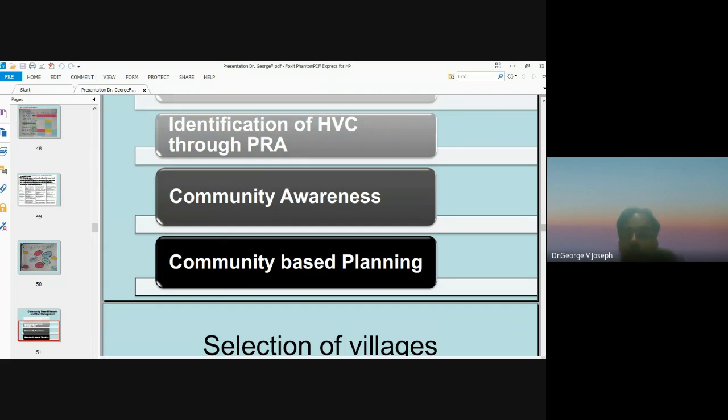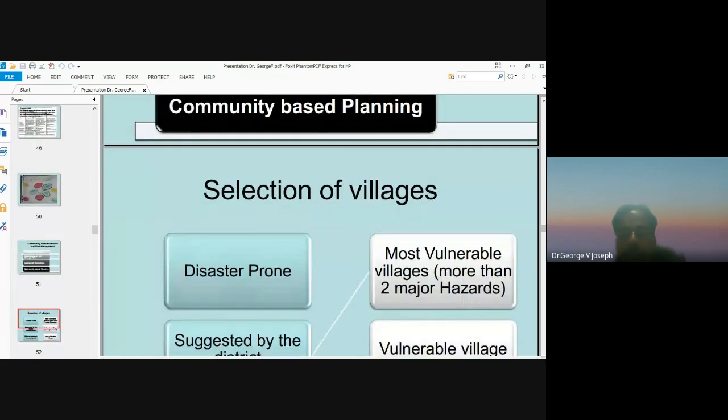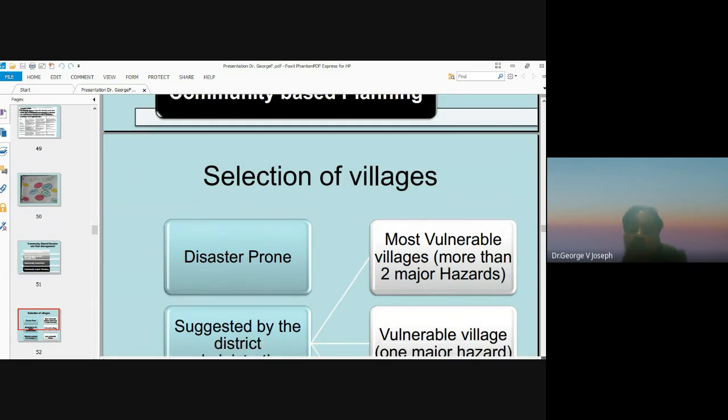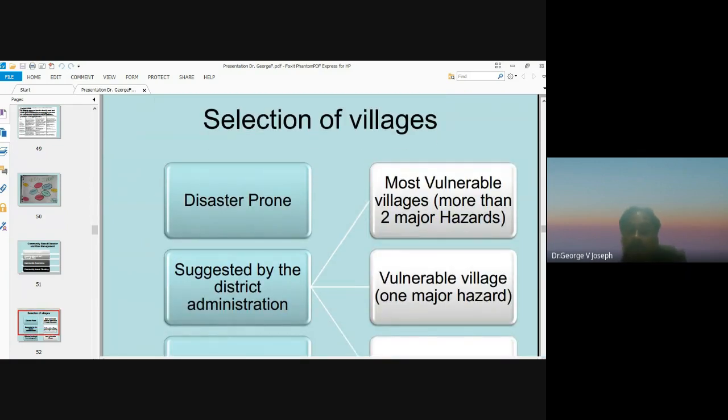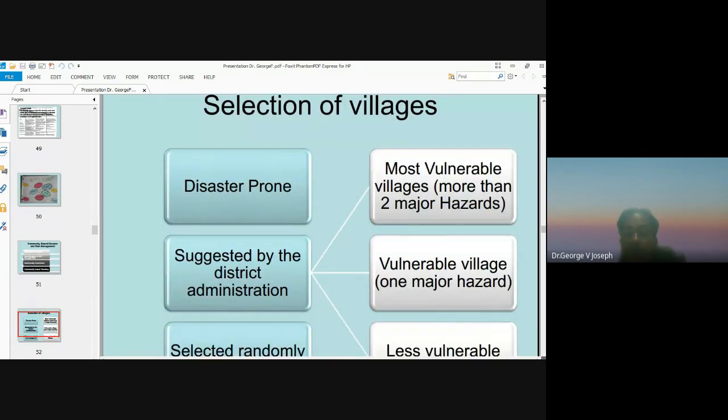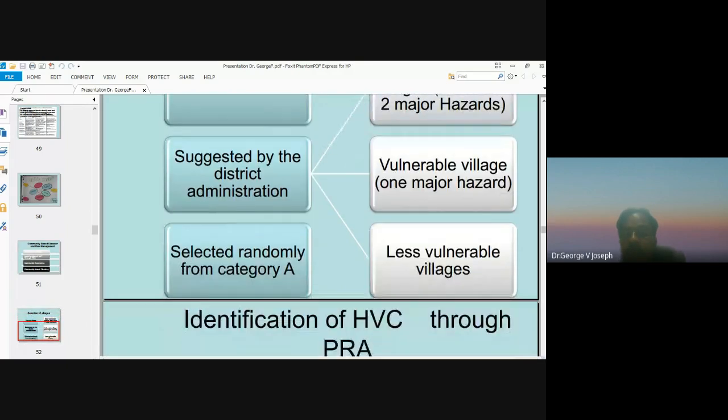This type of process we have done in some of our places, and I am sure you must also be doing this, as you have already mentioned, and the effects are long lasting. When we selected the villages, we selected the disaster prone villages, the areas which are more affected, and the people who are interested in supporting and cooperating.